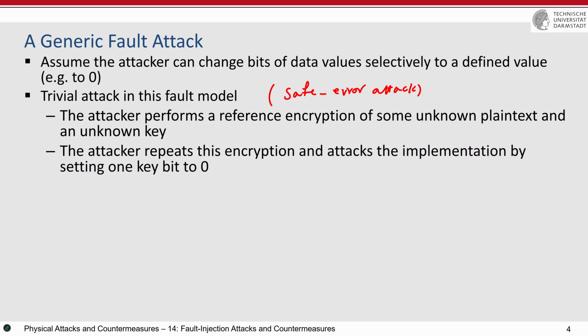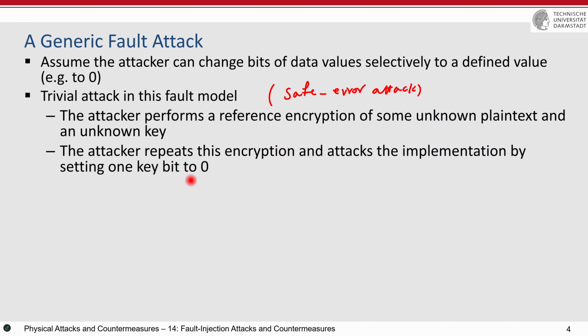And then the attacker repeats the same encryption with the same plaintext. It means that you don't know the plaintext, but you can make sure that the same plaintext is given to the device. But then you inject the fault in a way that I set one key bit to 0. Because I could selectively say one bit of the value is set to 0.